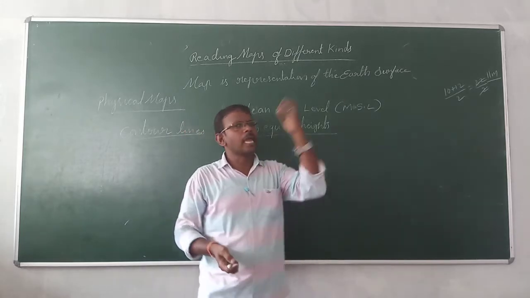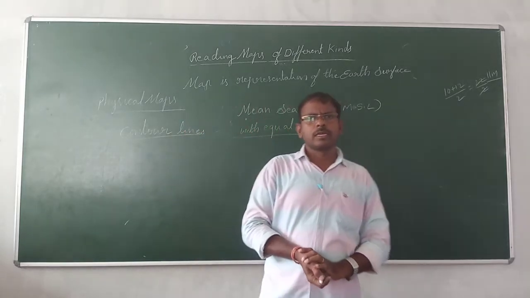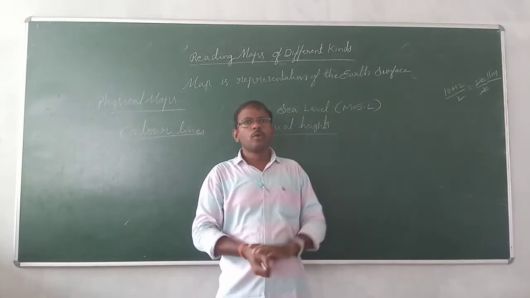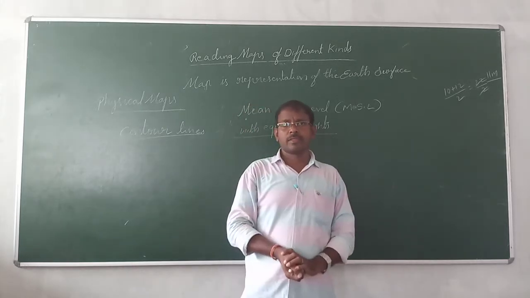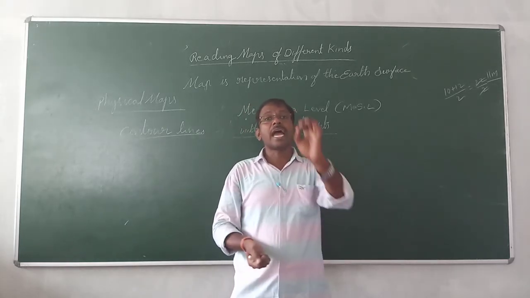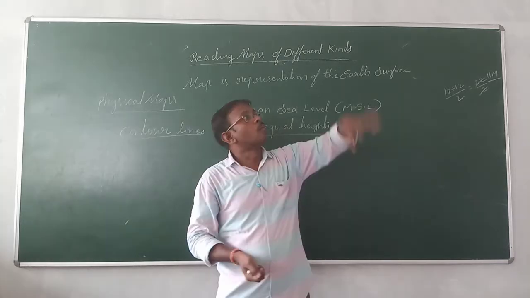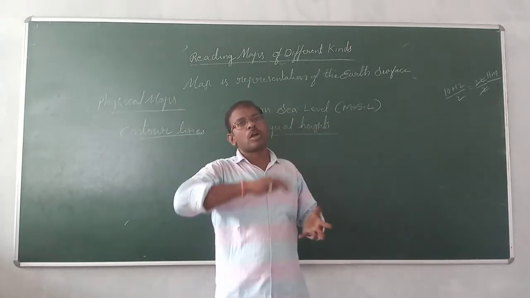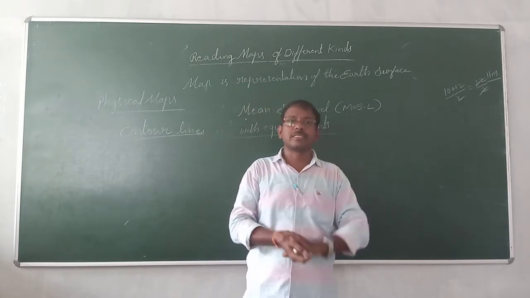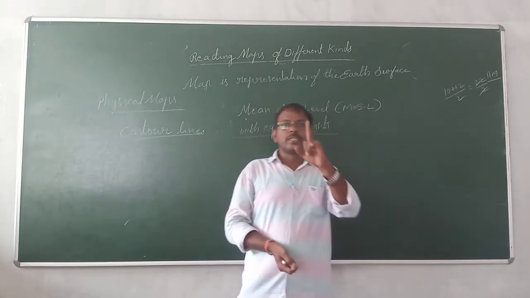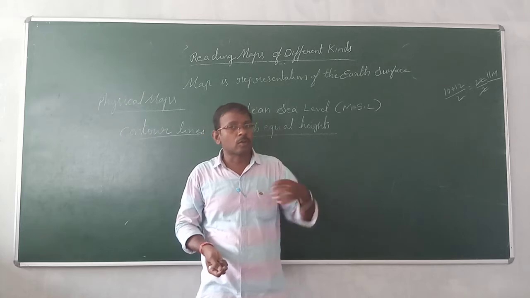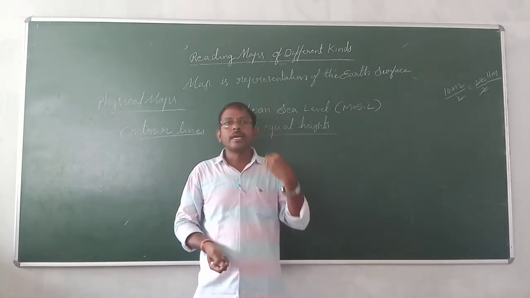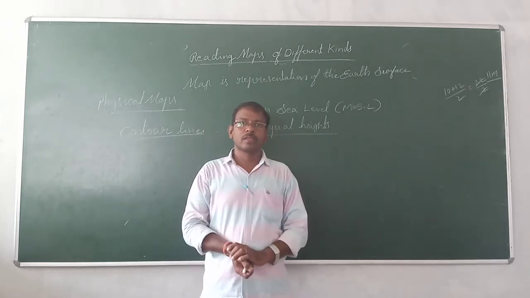If you want to climb a mountain or hill, we don't know how much height that is. With the help of a map, we can know the height of that mountain. Then we can estimate whether it is possible to climb or not. So to climb mountains, we need the help of maps.